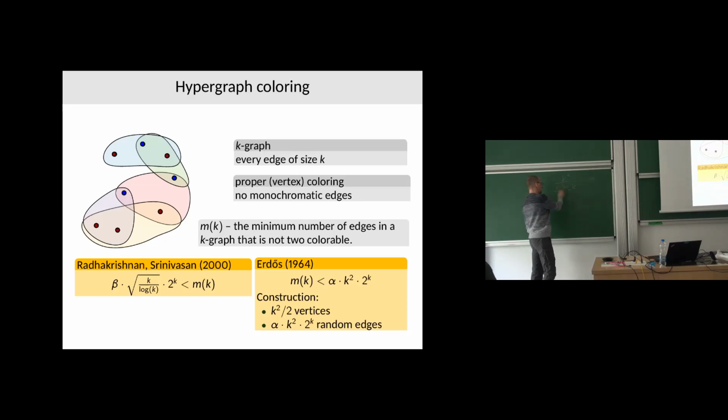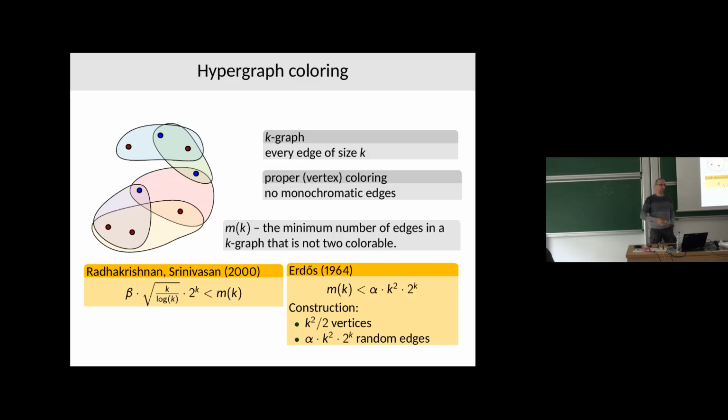And if this coefficient is like 4 or 8, this lower bound goes already above k². So it's not only that there are no random hypergraphs with this number of edges that are not two-colorable. With this number of vertices and small number of edges, there are just none.